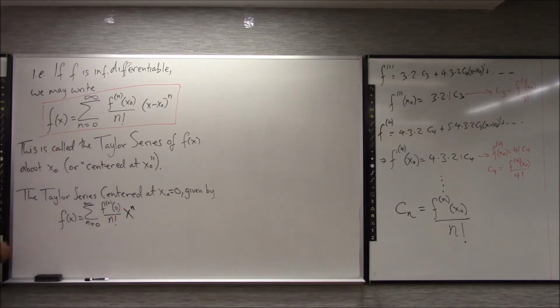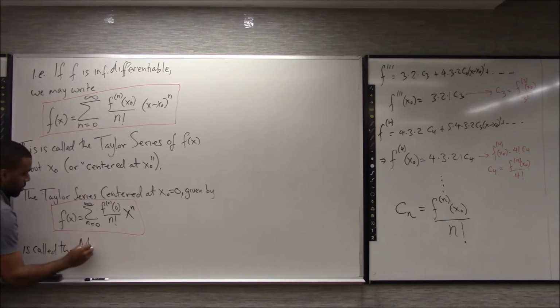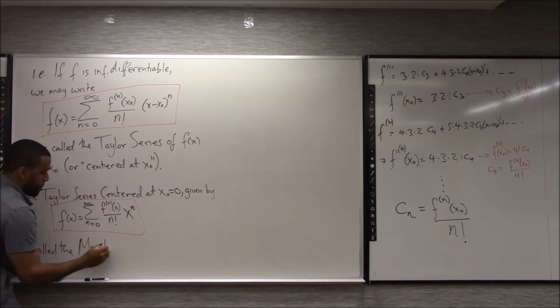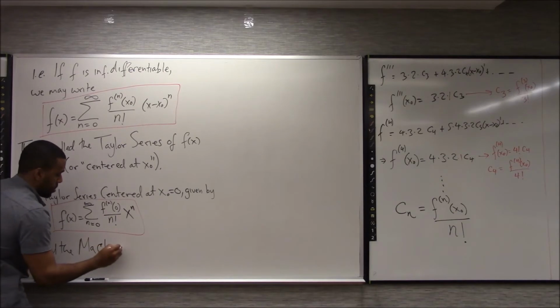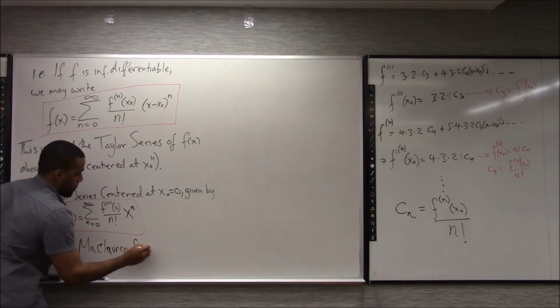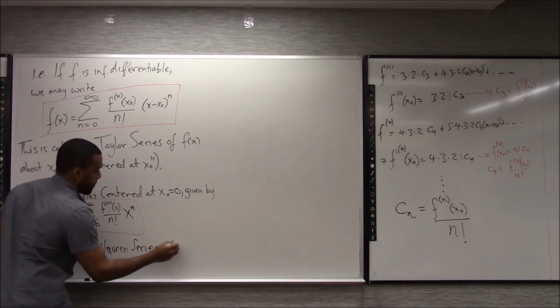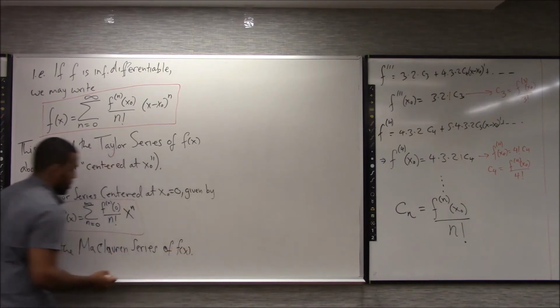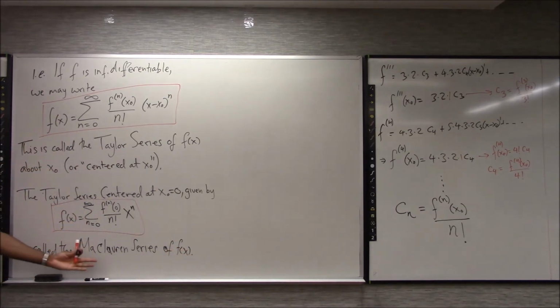It's also commonly used. A lot of times we want to center things around the origin. So it's pretty much the same as this. I just plug in x naught equals 0. And they give this also a name. It's called the Maclaurin series. You don't have to say where it's centered, because saying Maclaurin means the center is 0.